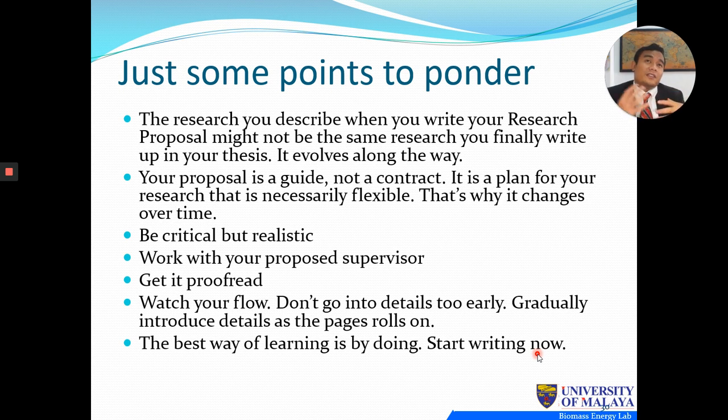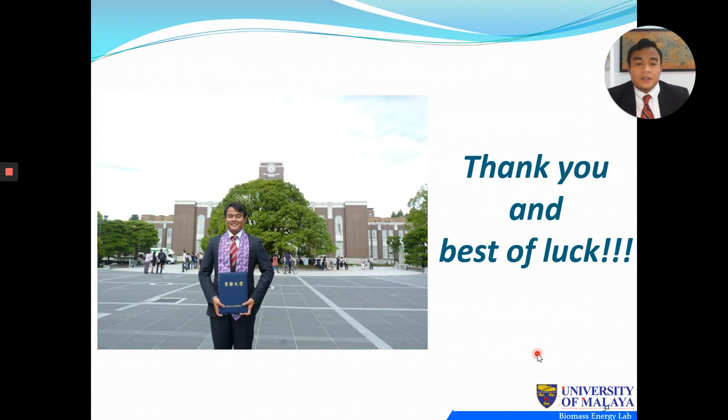Only then can you have the draft, and then you can have a look at it. You can let an expert comment on it, or you can discuss with your proposed supervisor. If you don't have it in hand, then you always feel like, oh, I couldn't do this, I couldn't do that. You just first learn how to do it, and you will learn throughout the process, I believe.